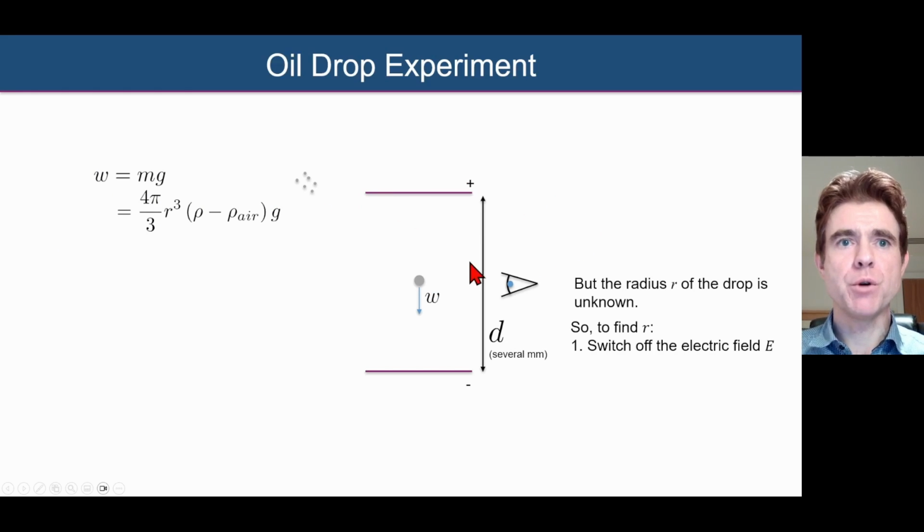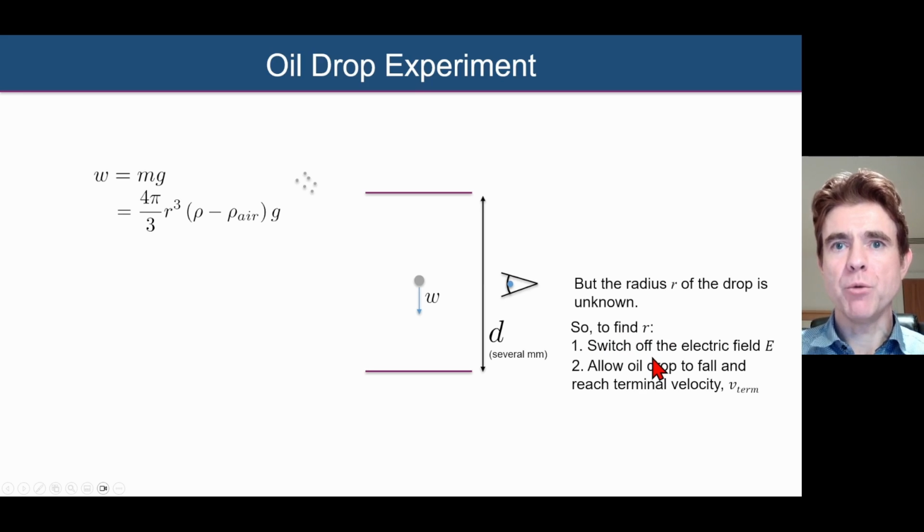Okay, so this is where we were then. We've got an oil droplet that, if we don't apply an electric field, will just be moving downwards. And that's what we're going to do here first of all. Then we're going to switch off that electric field and allow that oil drop to fall downwards and reach some terminal velocity.